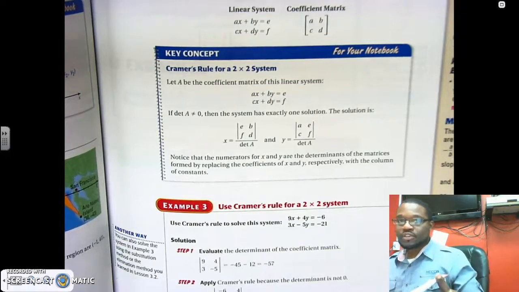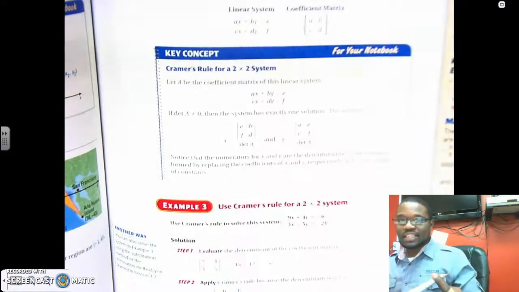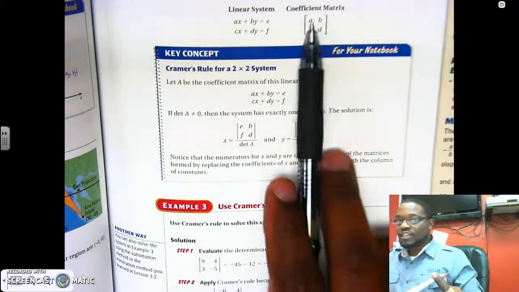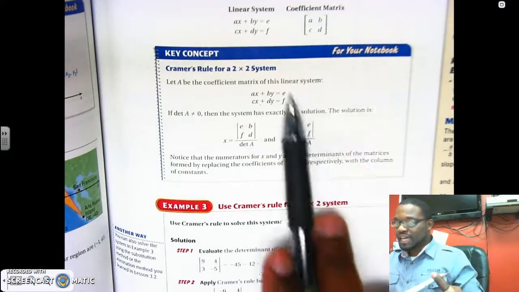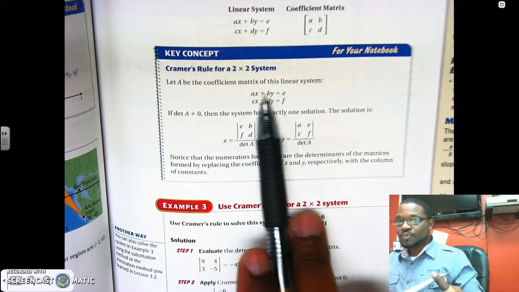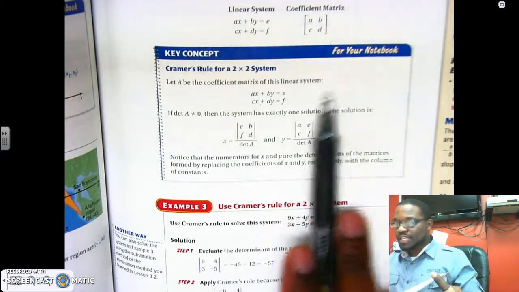Here's how you would do it in a 2x2 system. First of all, if you have 2 equations written like this, then you can take the coefficients on this side, and that's called the coefficient matrix. Not E and F, not what it equals, but the A, B, and the C, D, the coefficients on this side, and make a coefficient matrix.